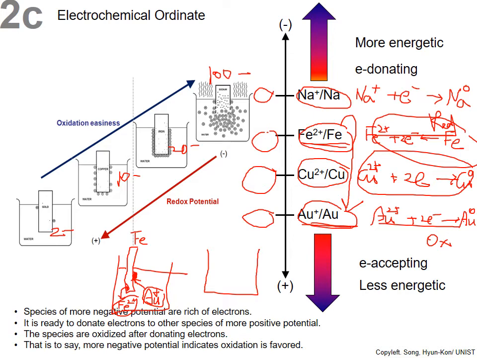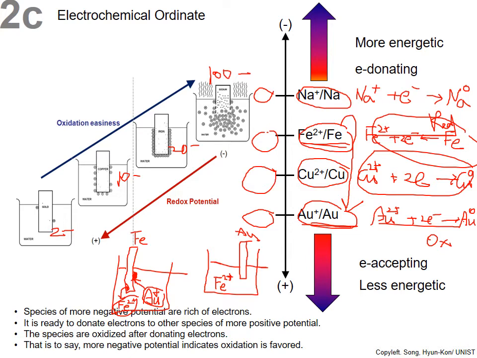Right now, you have gold. And in the electrolyte, you have Fe2 plus. What happens?